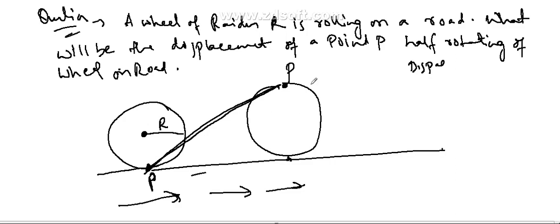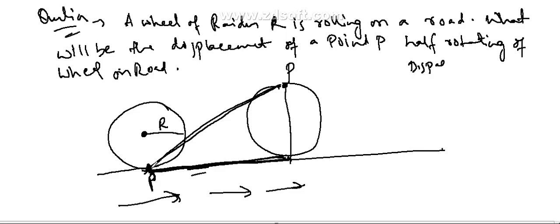So ideally, forget the wheel. You have to find from here to here. Normal distance is this whole path.